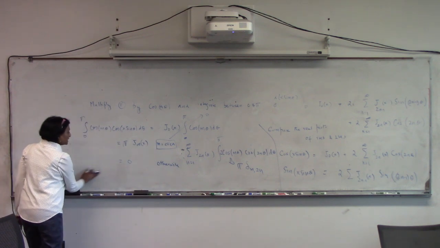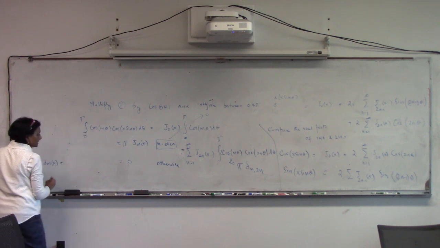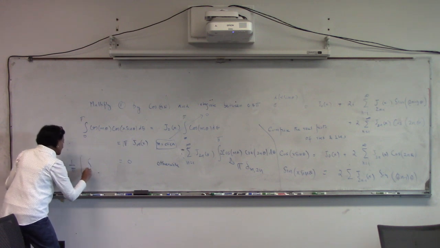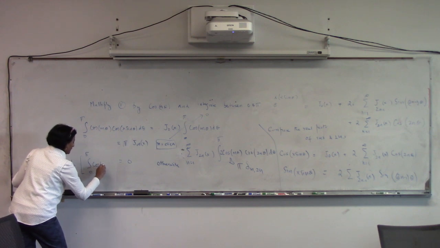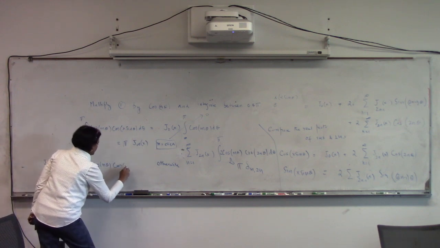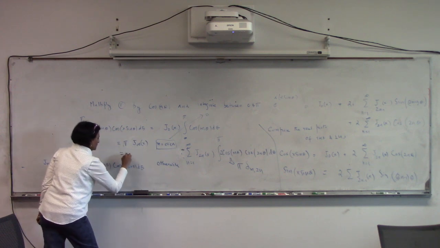So I have an expression for J sub m of x, but I'm still not totally happy because it is only true for even m. So J sub m of x is nothing but 1 over pi, integral 0 to pi of cosine of m theta times cosine of x sine theta d theta. Okay.